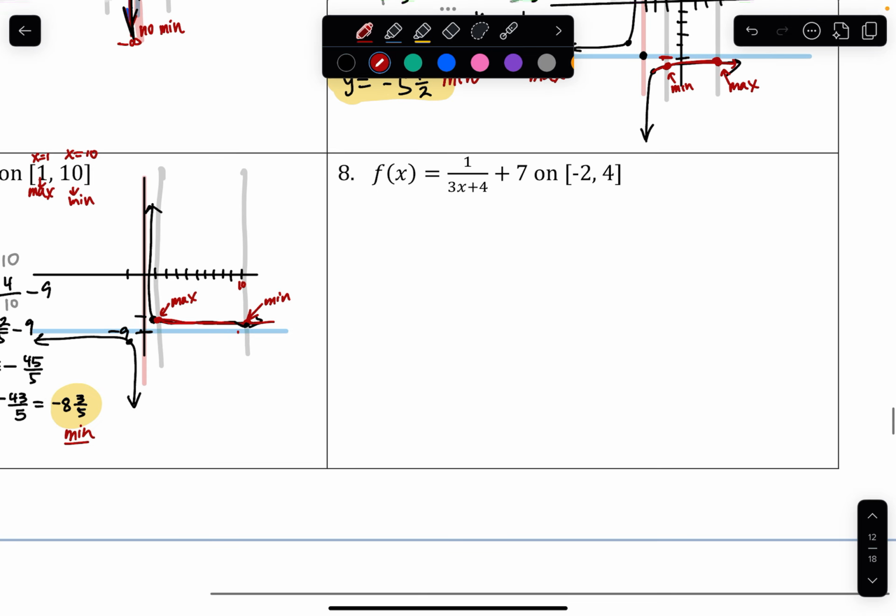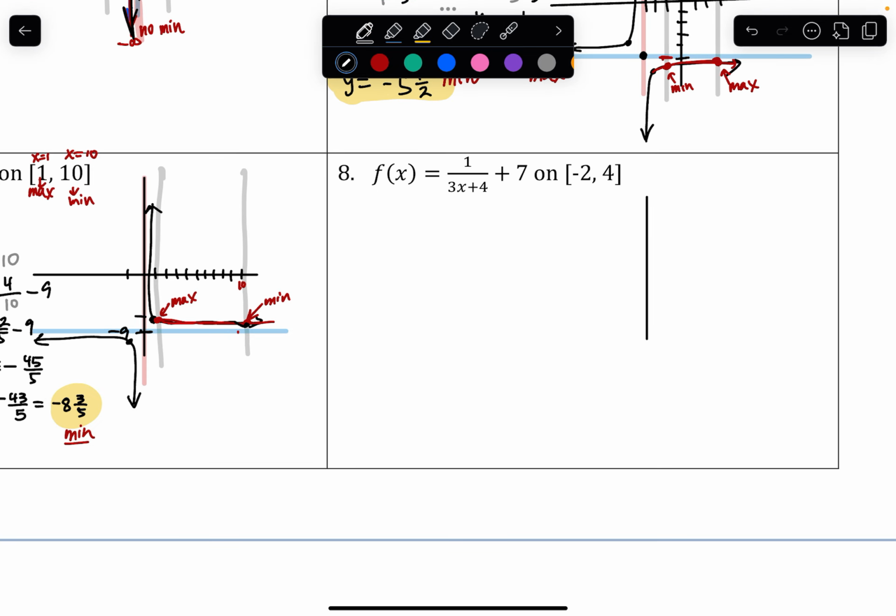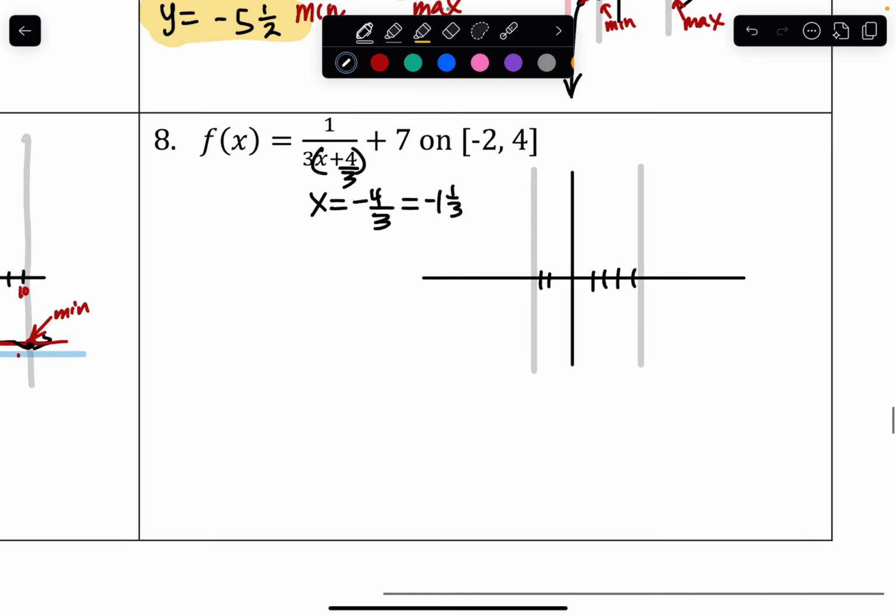Okay, for our last one, our interval is -2 to 4. And then our asymptote, remember this is bad form, is at x equals -4/3, which is the same as -1 1/3.